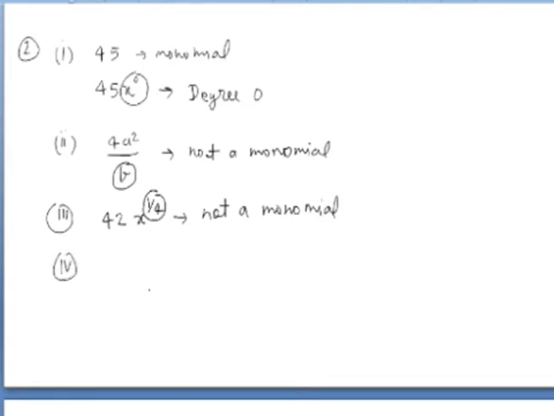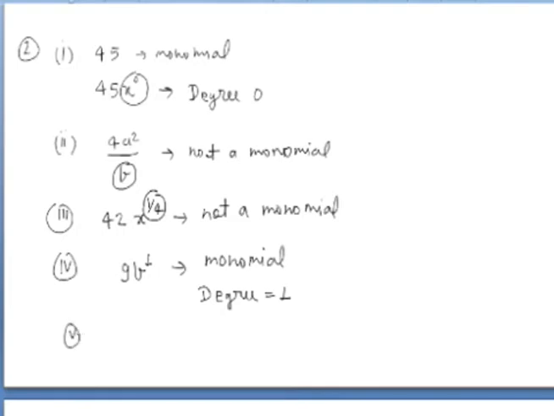Fourth, 9b. Okay, so it is a monomial and the degree is 1. The degree is 1 because the degree of b is 1.